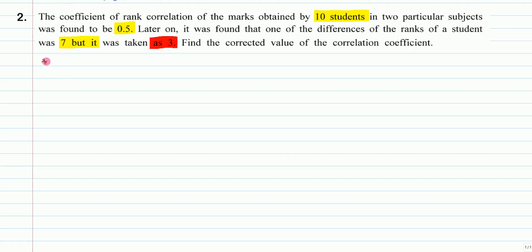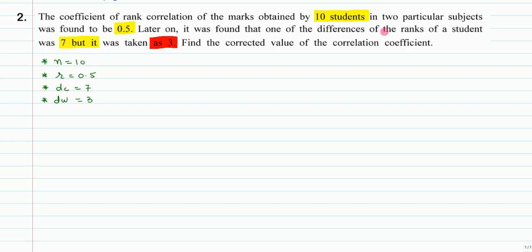n equals to 10, r is equal to 0.5. Okay, now see, difference of ranks means D. The correct value of D is actually 7 and the wrong value of D is 3.